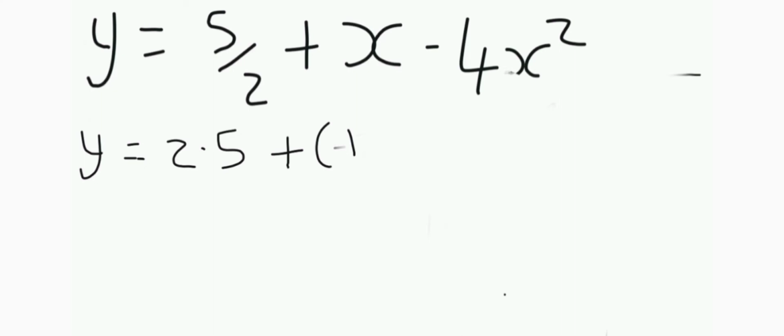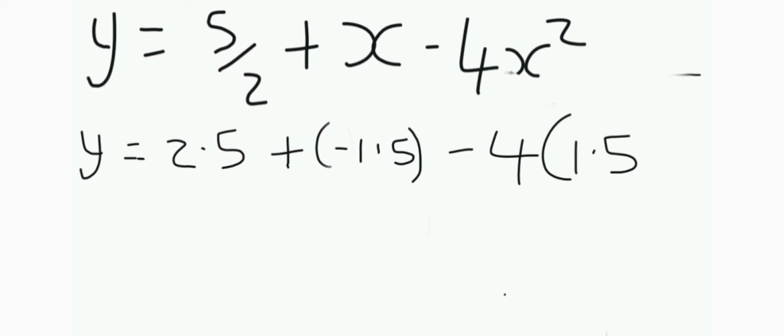Now putting minus 1.5 now, minus 1.5, minus 4 into bracket minus 1.5 square is equals to 2.5.